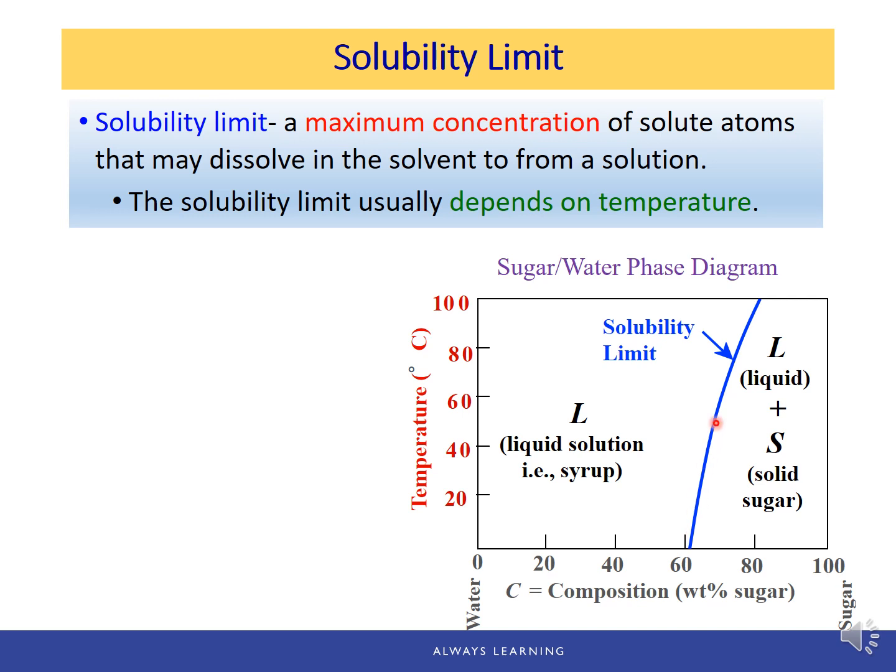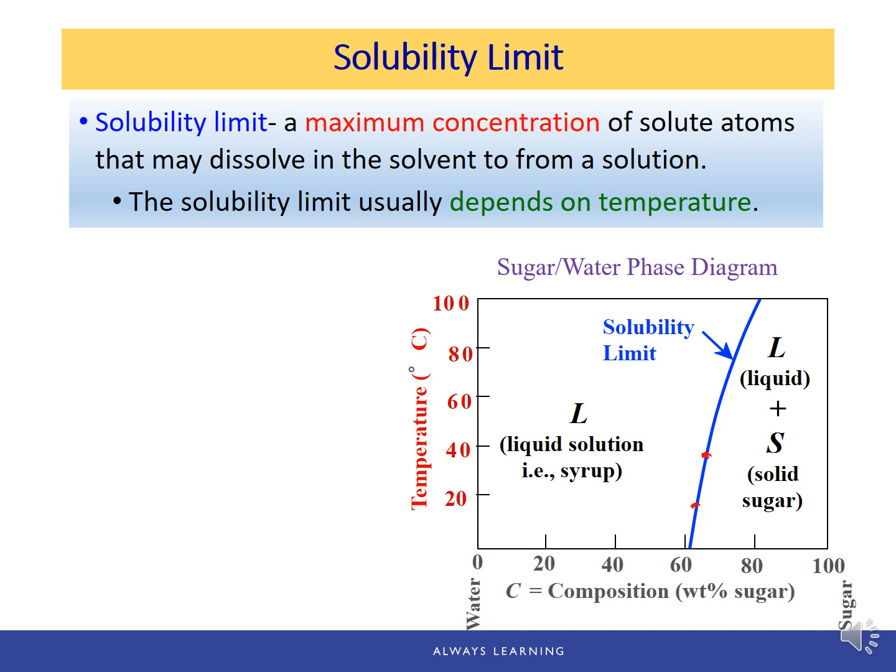So this plot is actually the dependence of the solubility, or the maximum concentration of sugar, as a function of temperature. For example, at room temperature, this is the maximum amount of sugar that can be dissolved in water. When we increase the temperature, based on our experience, we know we can dissolve more sugar in water.